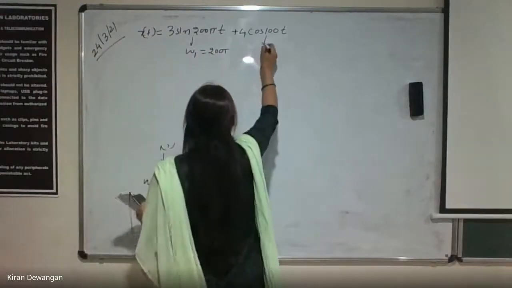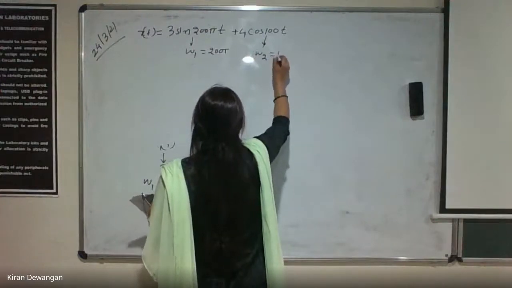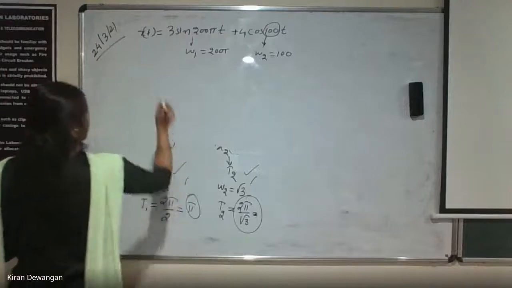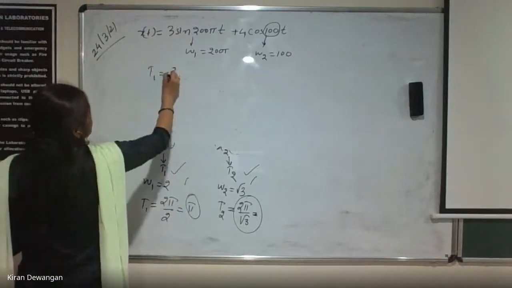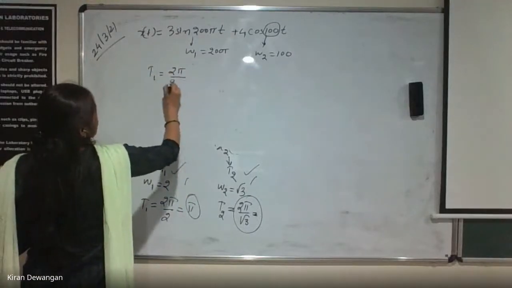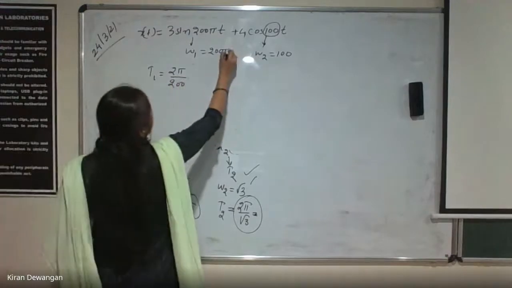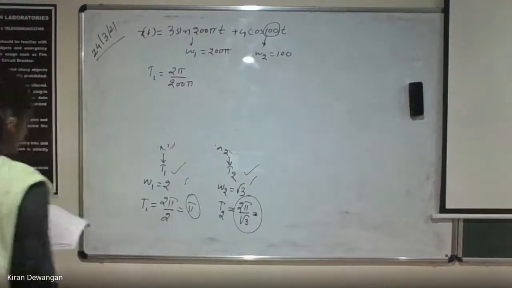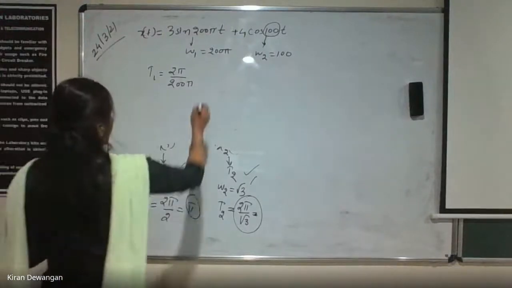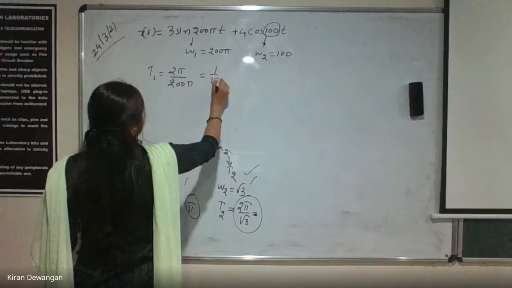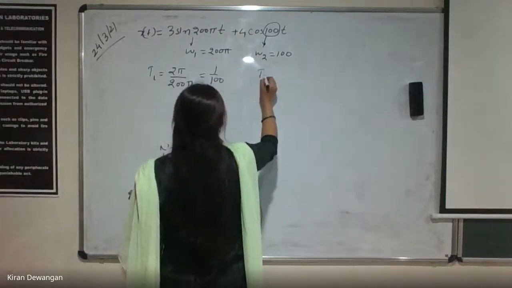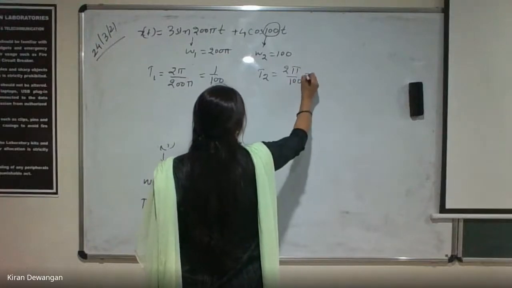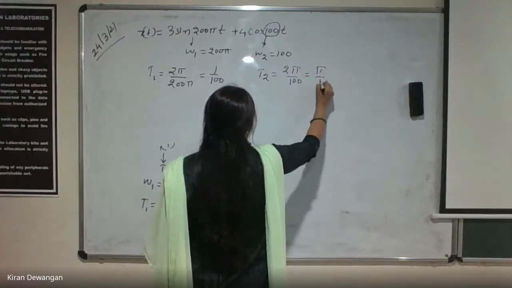In this case, omega 2 is just 100. Okay? So T1 is 2 pi by 200 pi. Clear? So it will be 1 by 100. And in this case, T2 is 2 pi by 100, so this will be pi by 50.